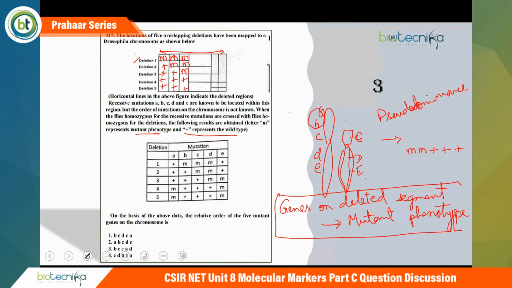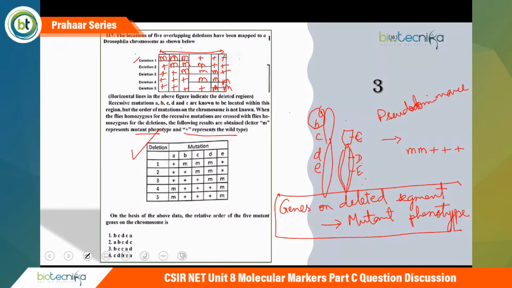This big segment in between is plus here, M, M, M, and plus. In the next segment, it is plus, plus, and then M, M, M. So wherever deletion is there, the phenotype will be M. Again plus, plus, plus, M, M.